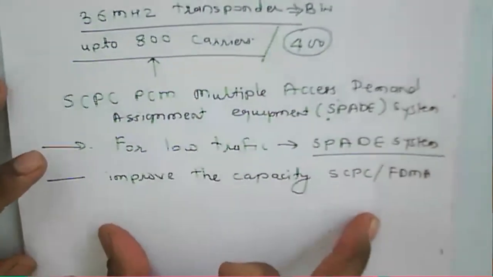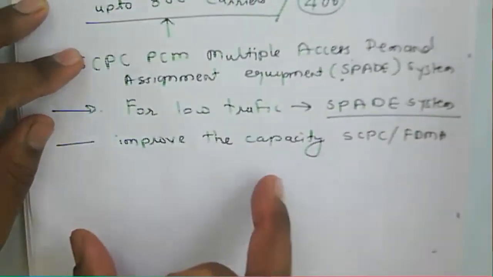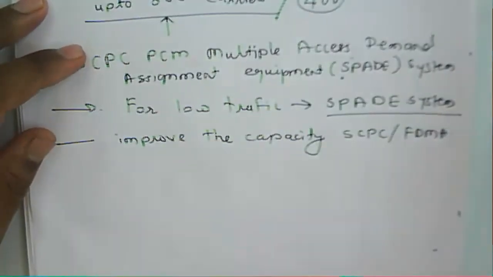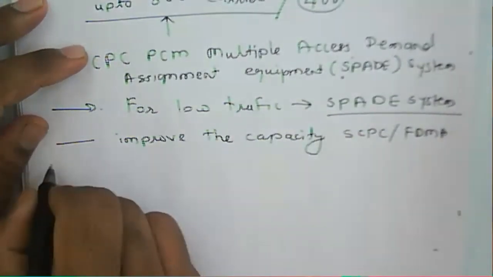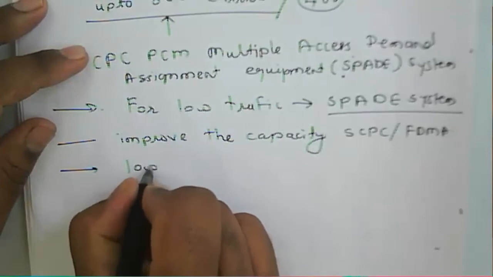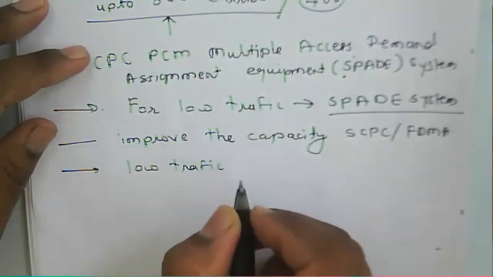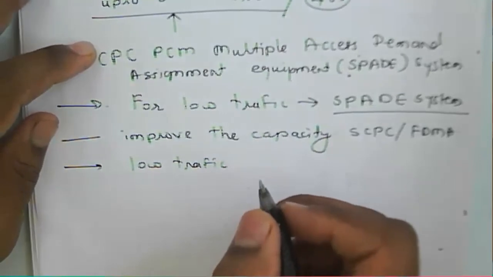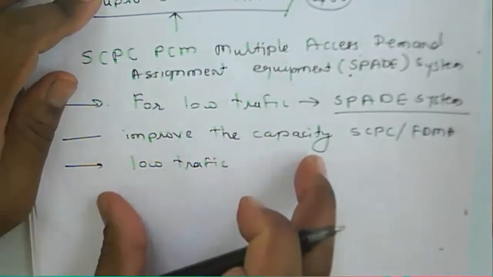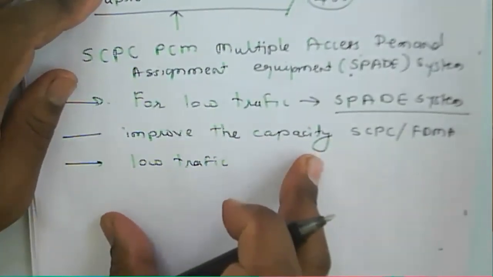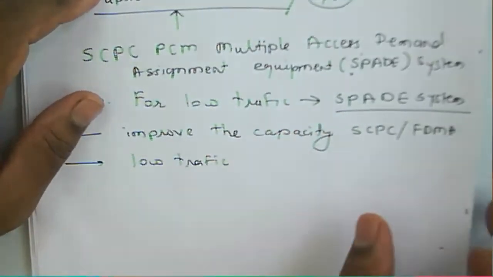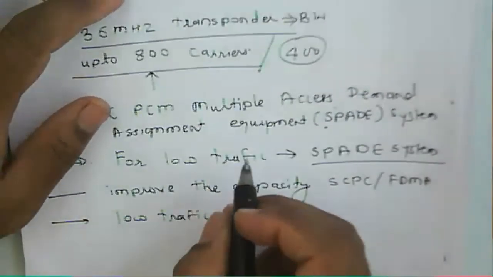When the traffic is low, the SPADE system is used in the earth station. If the traffic increases, then the SPADE channels are converted into single channel per carrier channels by permanently assigning the satellite carrier.